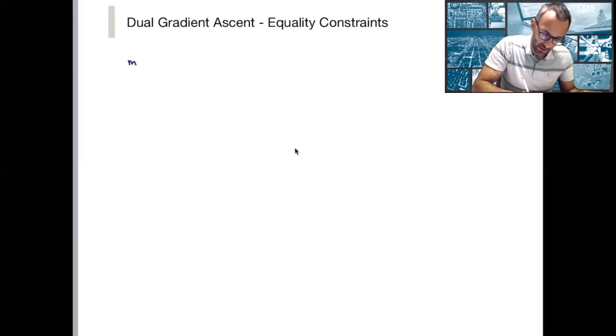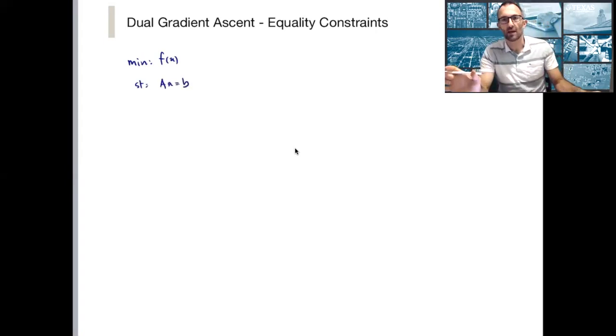So again, this means that I have minimize f of x subject to Ax equals b. For the time being, I'm not going to place any additional special structure on f, but immediately you can see that if f was something that decoupled into blocks of variables, then the equality constraint ruins that decoupling.